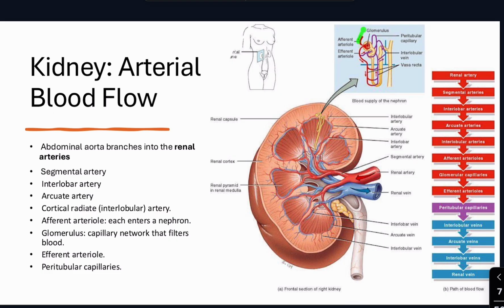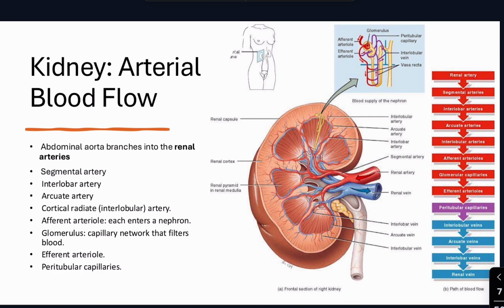So again, we have to get a little bit more microscopic. If we look up in here, those afferent arterioles are going to be entering into our glomerular capillaries, right, in that glomerulus. They'll be leaving as efferent arterioles and then eventually becoming peritubular capillaries, which are going to be surrounding that nephron.